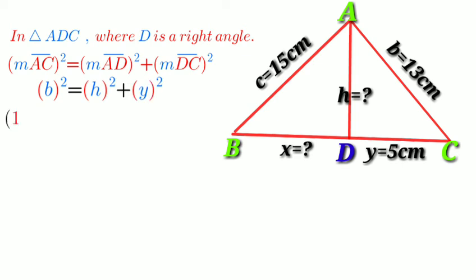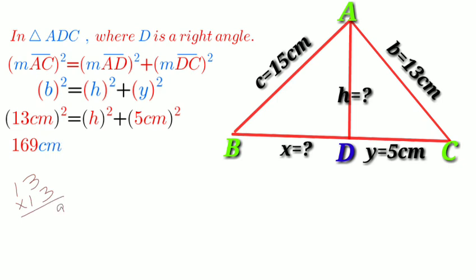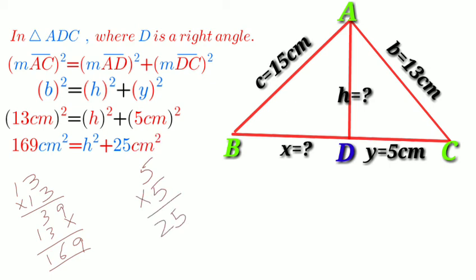On putting the value of B and Y, the value of B is 13 centimeter and the value of Y is 5 centimeter. The square of 13 centimeter is 169 square centimeter and square of 5 centimeter is 25 square centimeter.